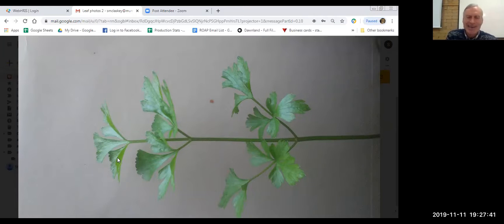So it's divided and then divided and then divided again. Like a fractal, kind of. Yeah, it is. That's parsley. That's what everyone thought celery was.